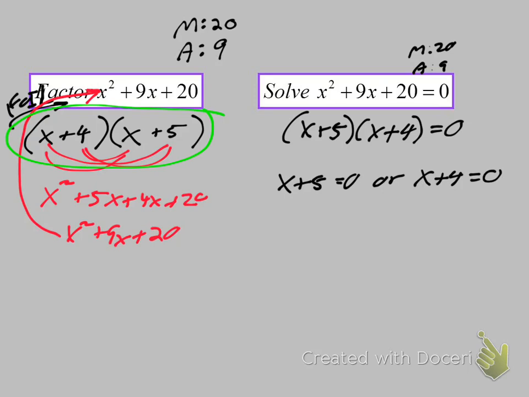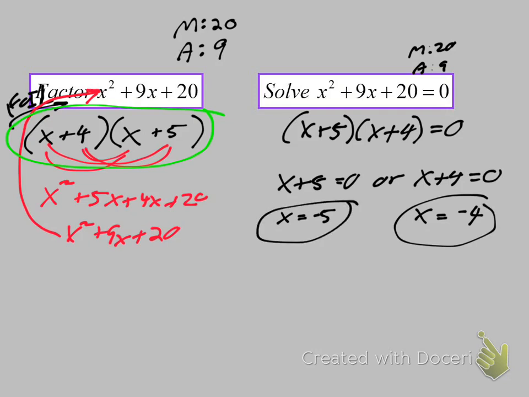You can split them off into two very simple solves. X plus 5 equals 0, which means x equals -5. X plus 4 equals 0, which means x equals -4. And those are your two solutions.